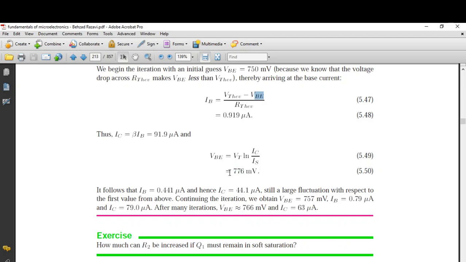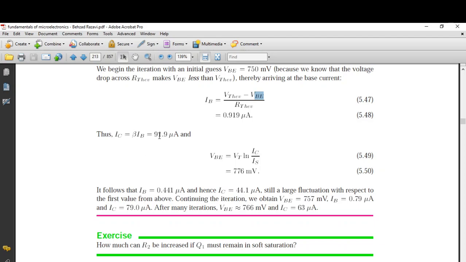Now if you substitute this back, because when you started initially you took it as 0.75, if you now take it as 776 millivolts, then the IB comes out to be this much. So when IB comes out this much and IC comes out this much, this is still a large fluctuation.